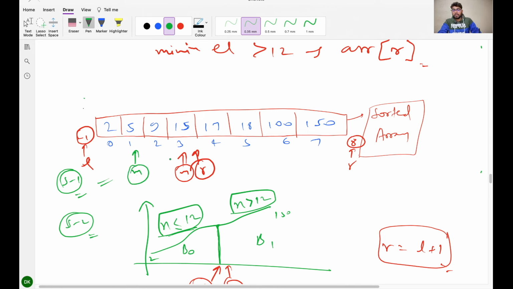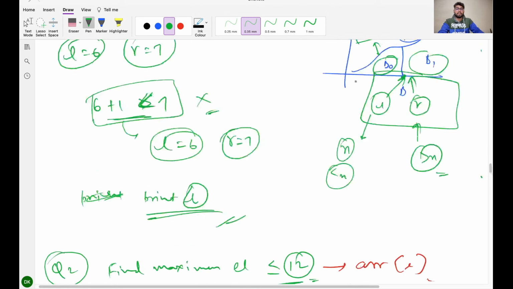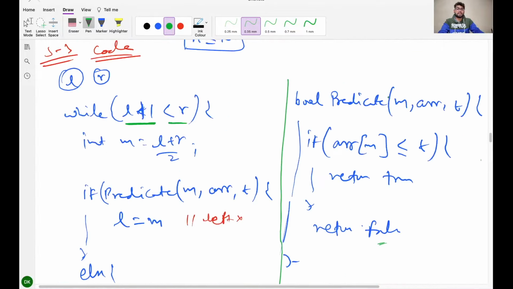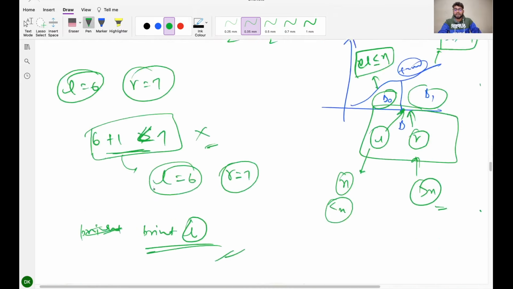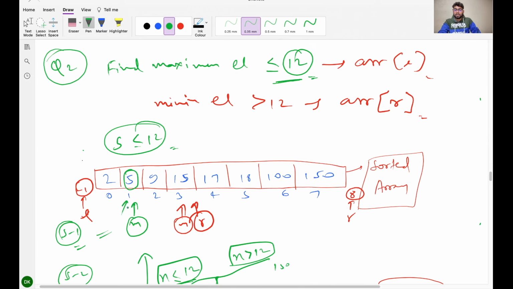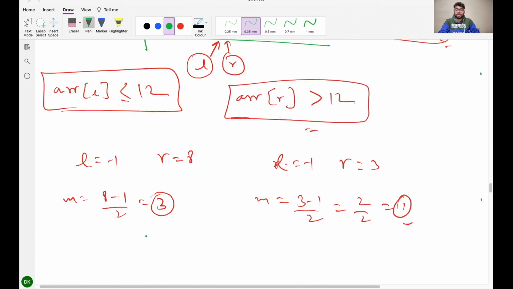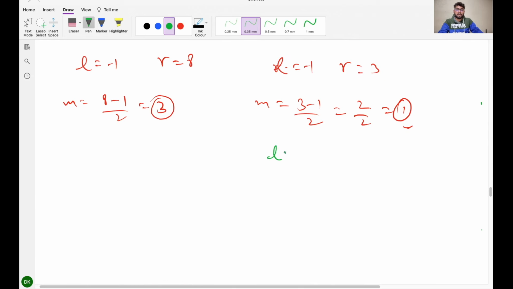We find that 5 is less than or equal to 12, so the predicate function returns true, it ignores the left, and my L is updated to M. So at this time L is 1 and R is 3.